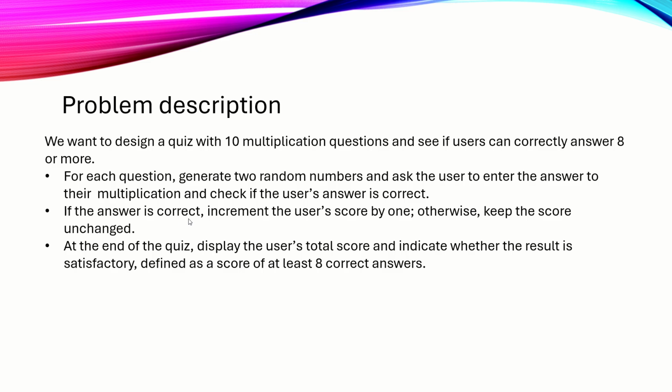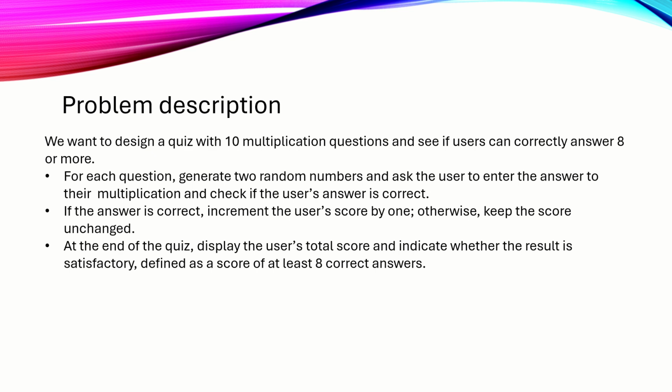If the answer is correct, we increment the user's score by 1, otherwise we keep the score unchanged. At the end of the quiz, which means after those 10 questions, we display the user's total score and see if it is greater than or equal to 8 or not.